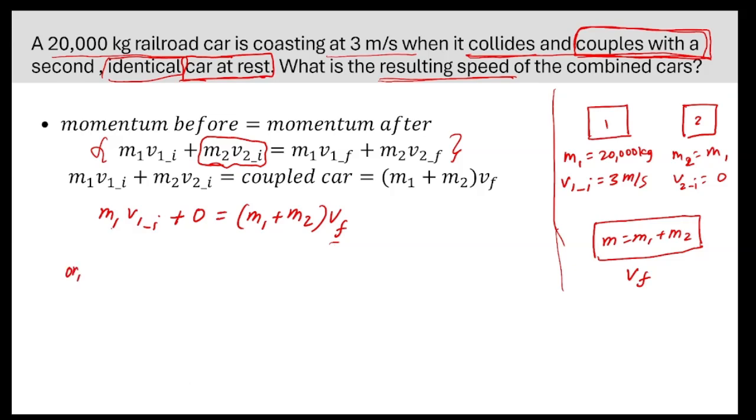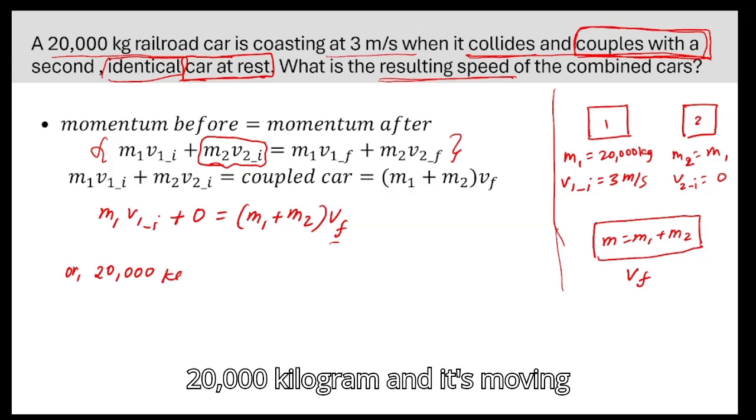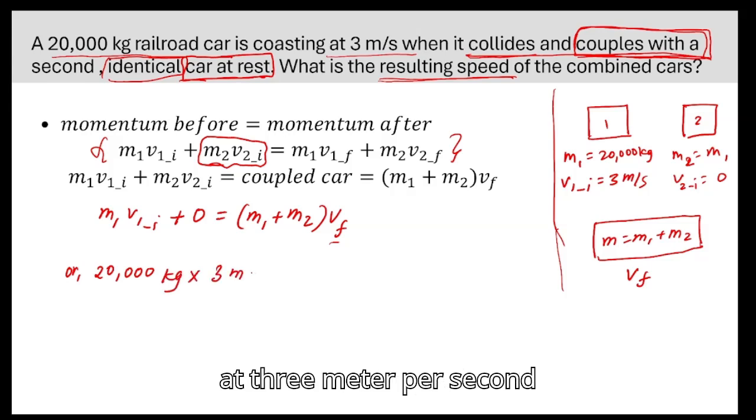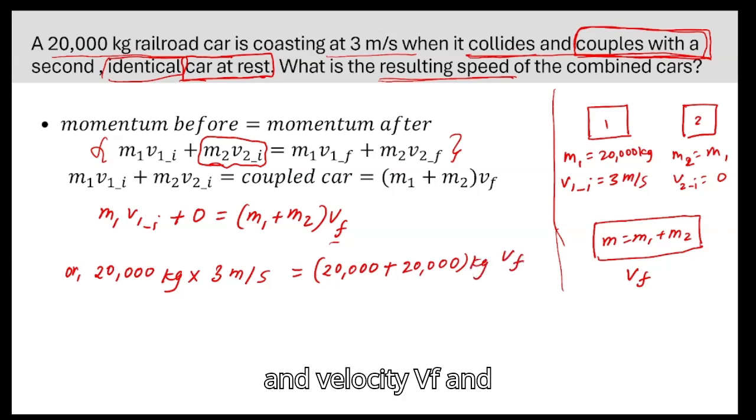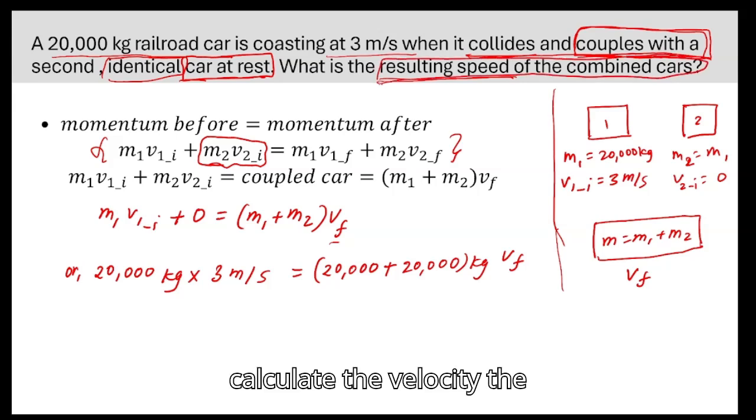Now what is the initial momentum? The mass of car 1 is 20,000 kilograms, and it's moving at 3 meters per second, which equals the total mass, 20,000 of car 1 plus 20,000 kilograms of car 2, times velocity vf, and we are required to calculate the final velocity of the coupled car.